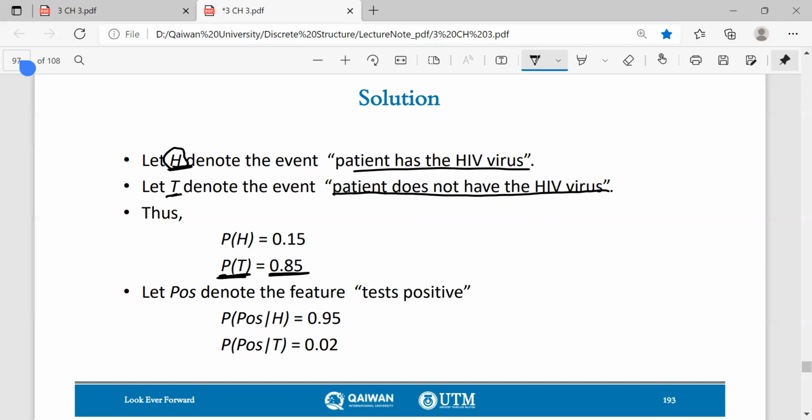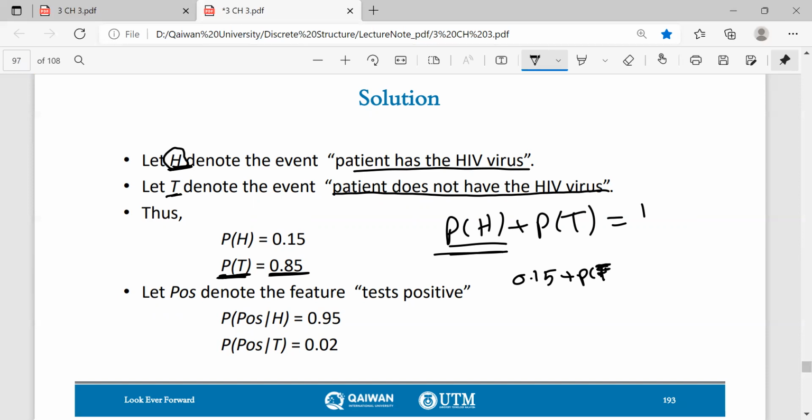Probability of H is 0.15. Here you say P of H plus P of T, which is those which have no HIV virus, is 1. P of H is given in the example, which is 0.15, plus P of T equals 1.